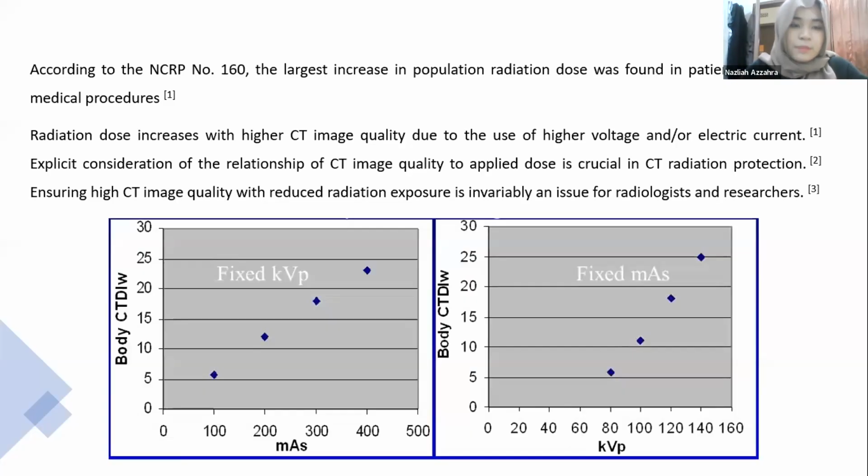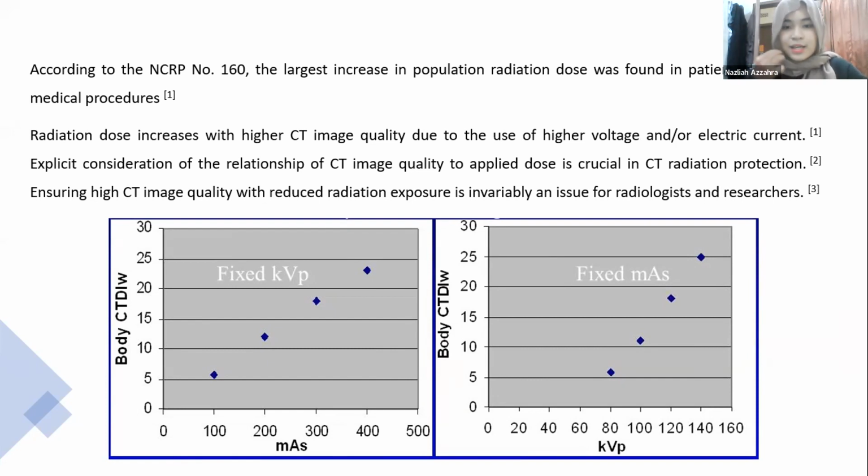And when we talk about radiation, according to the National Council on Radiation Protection and Measurements, the largest increase in population radiation exposure was found in patient exposure to medical procedures. Radiation dose increases with higher CT image quality due to the use of higher voltage or kVp and/or electric current or mAs.